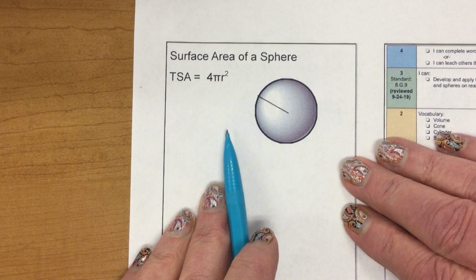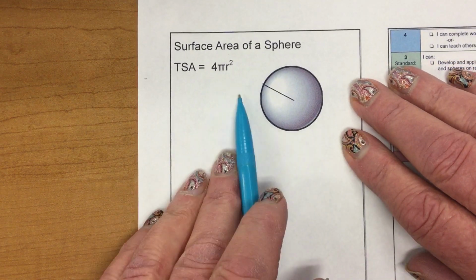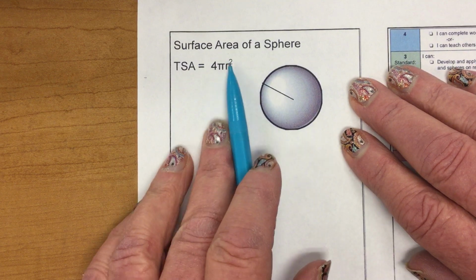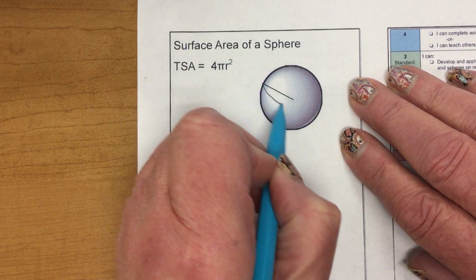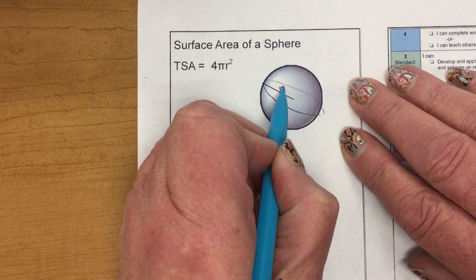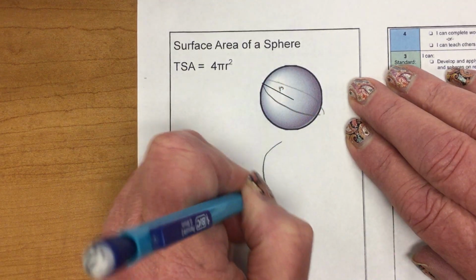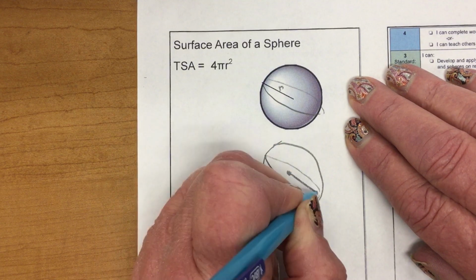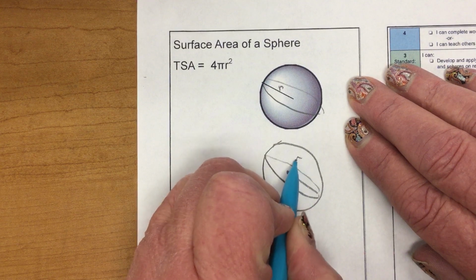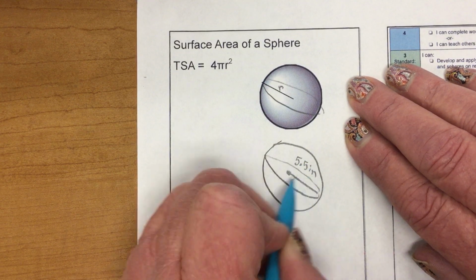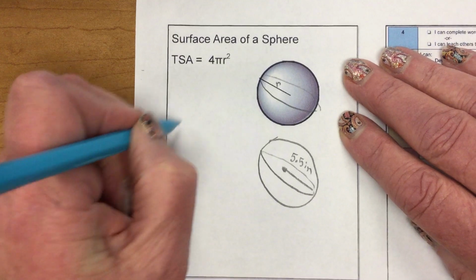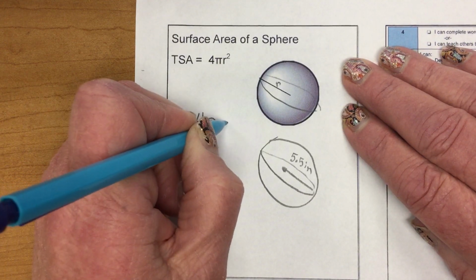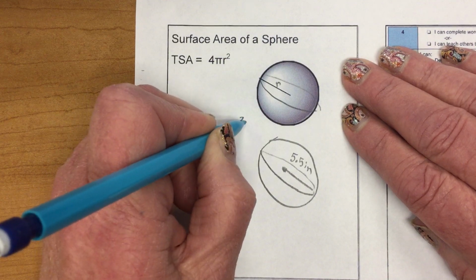Surface area of a sphere. Surface area is 4 pi r squared. And again, we have the radius of our sphere. So if I have a sphere with a radius of, let's say, 5.5 inches, what would my surface area be? So it would be 4 pi times 5.5 squared.